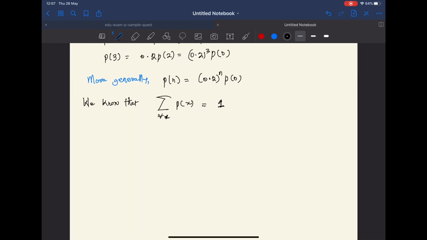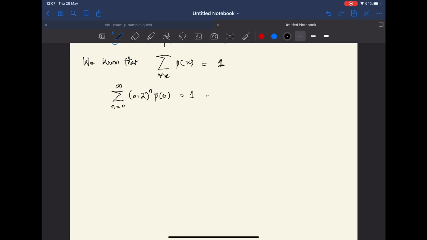To help us do this, I'll sum across all the values of n from 0 to infinity of 0.2 to the power n p of 0, and this should be equal to 1. Okay, so it implies that p of 0 is a constant, and we have the sum from n equals 0 to infinity of 0.2 to the power n, and this should be equal to 1.